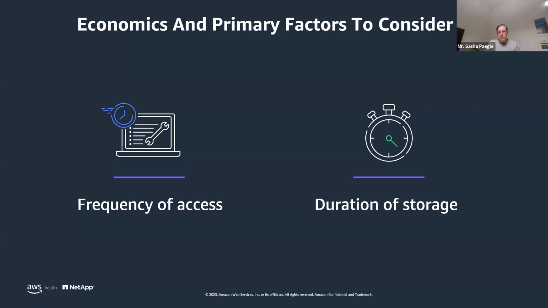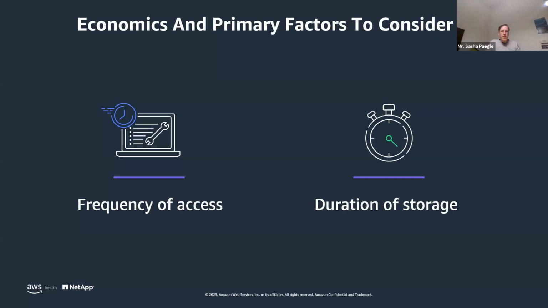Now, coming back to these key concepts, typically the cost to store, per month per gigabyte, will go down the longer you store it. When you look at the different choices, you'll see significant differences between different object storage classes.